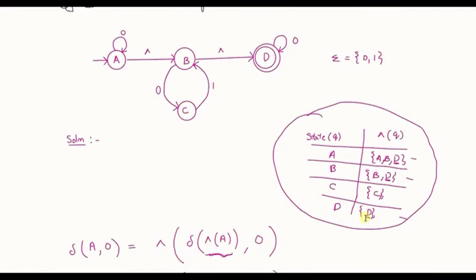So in the resultant NFA, whichever states have D as one of the members in the null closure of that state, all those states will be final states. So A will be a final state of the resultant NFA, B also will be a final state, and D also will be a final state.